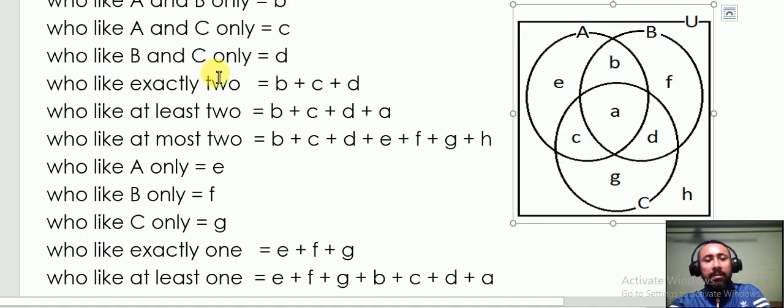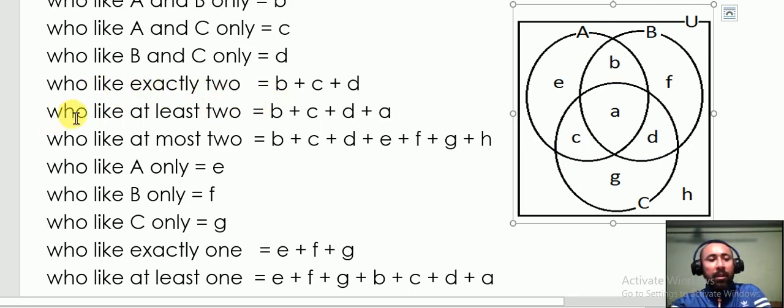Who like B and C only, that's d. Suppose we are asked to find who like exactly 2. So here b plus c plus d, the sum of these three values, is the answer for who like exactly 2.